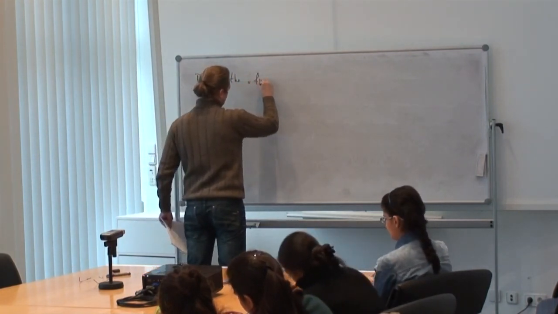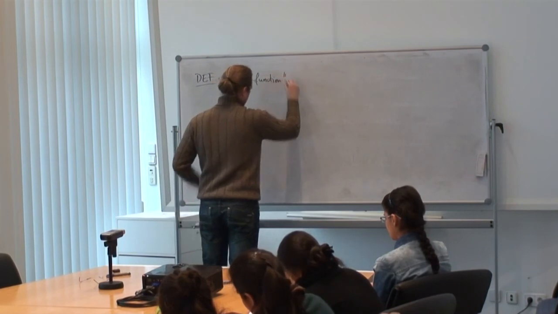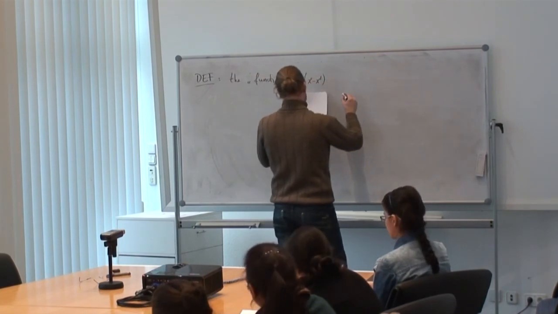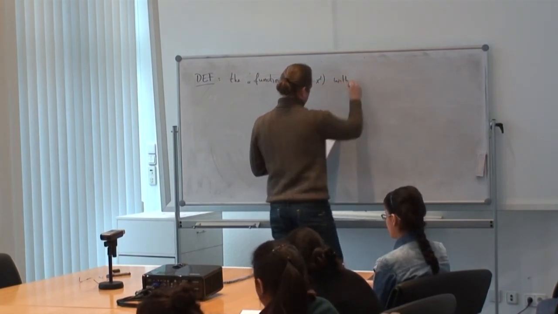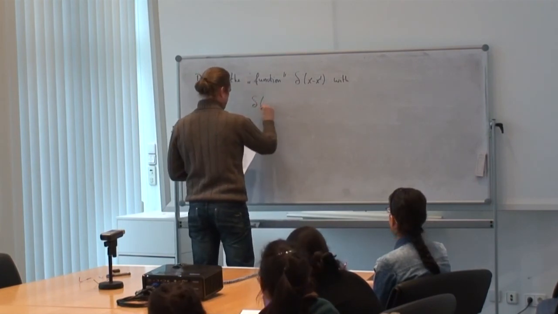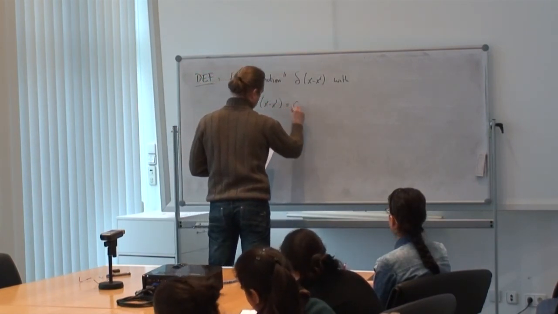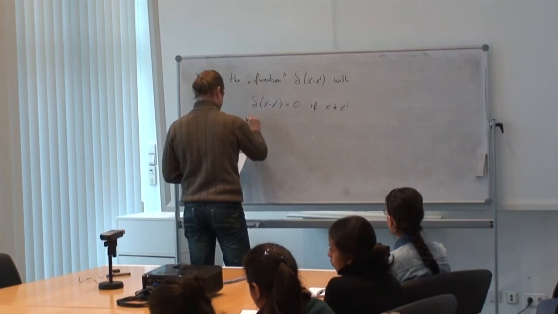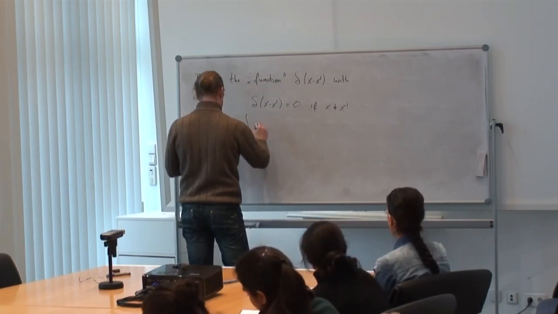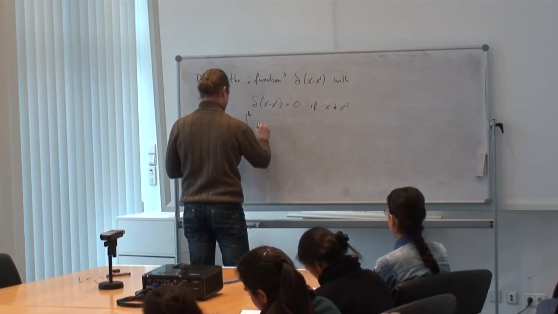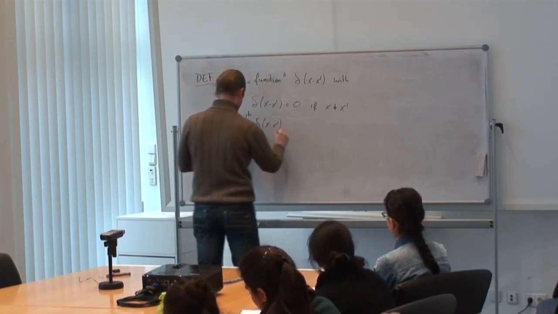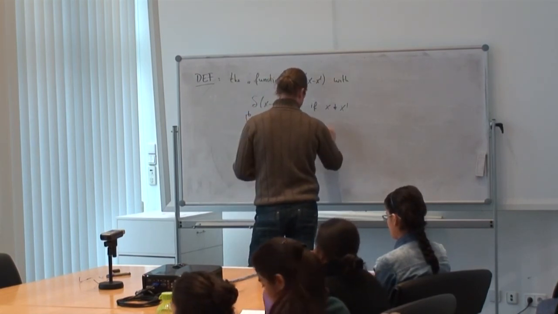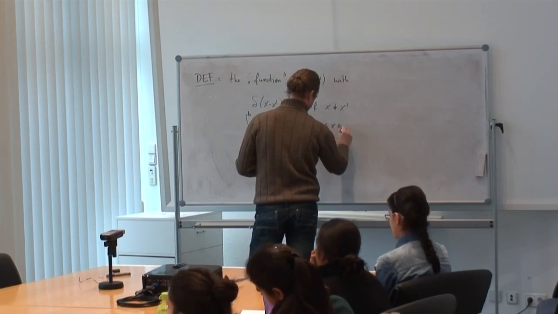The "function" delta x minus x prime with these two properties: delta x minus x prime is 0 if x is not x prime, and the integral from a to b of delta x minus x prime dx prime is 1, over this interval a less or equal than x less or equal than b.